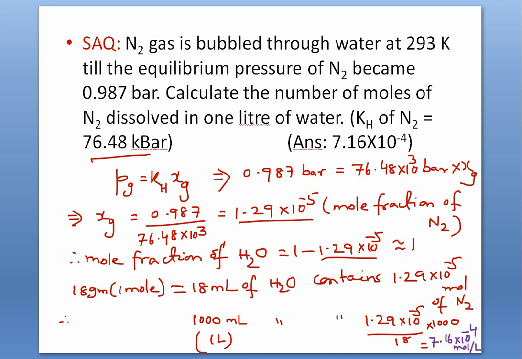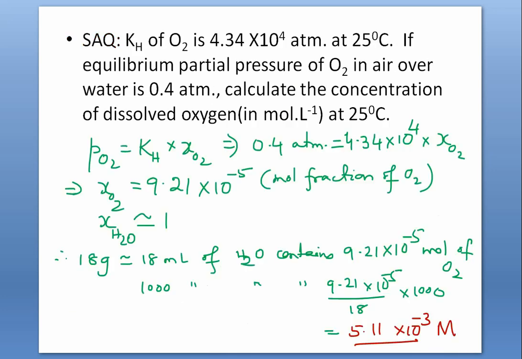From the Kh value we already know, we have an impression that nitrogen has lower solubility. And also we got the molarity, it is 7.16 into 10 to the power minus 4. Here it is 5.11 into 10 to the minus 3. So we knew this from common sense, by comparing.